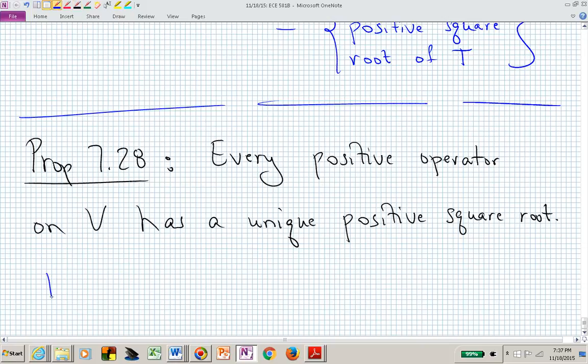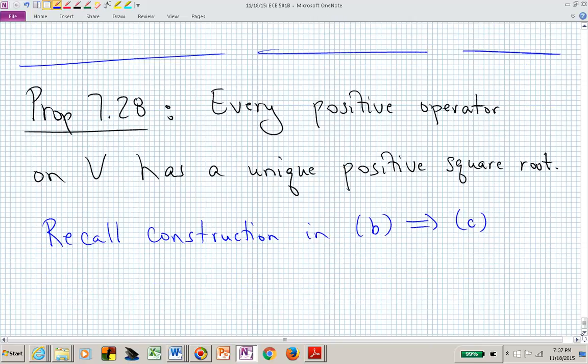And that is really coming to us from the construction that we performed when we were showing that B in fact implies statement C in the proof of theorem 727.